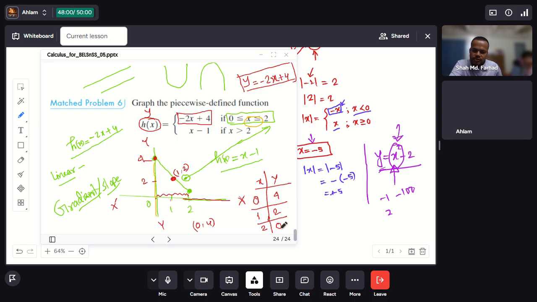And then x is 2, y is 0. Okay, I'm wrong here. So that means the graph must be just here. So the accurate form of the graph will be this. Is it clear now?